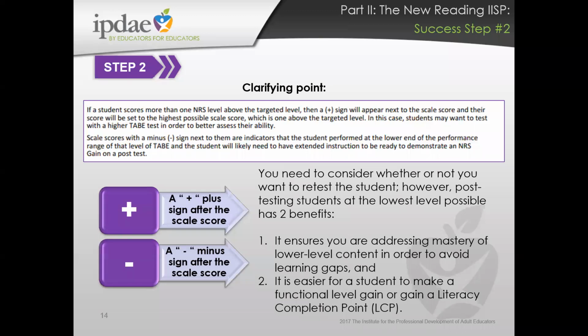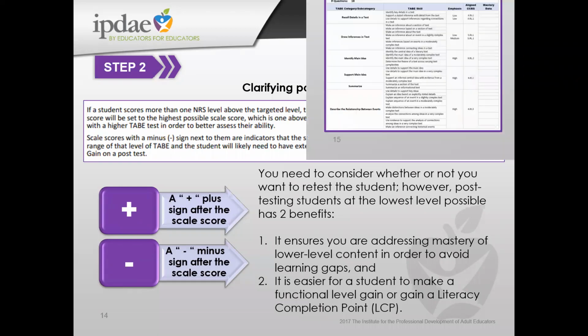It's going to avoid you missing or creating or increasing learning gaps, and it's going to be easier for the student to gain a literacy completion point, or LCP. If you need additional information on this, by the way, there's a document on the tabetest.com website, so you have the full description of this testing information piece.